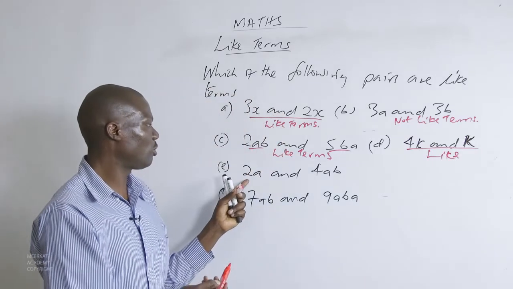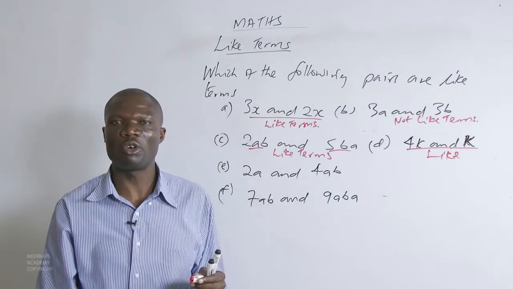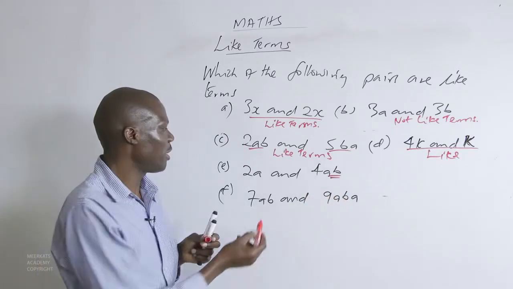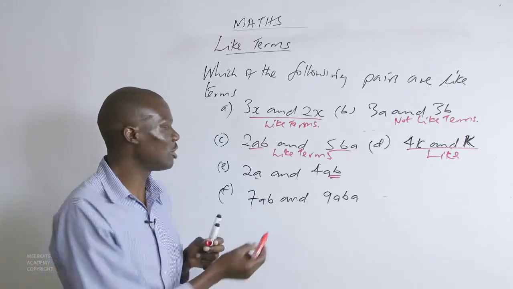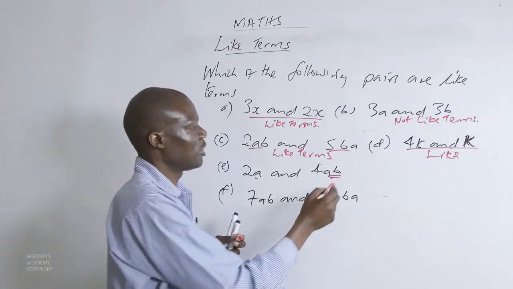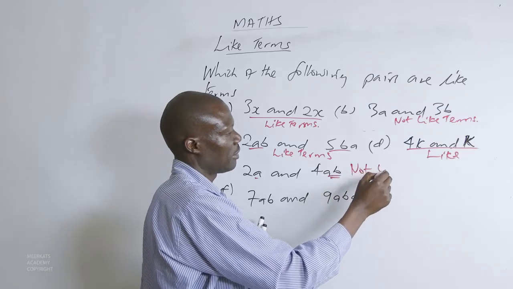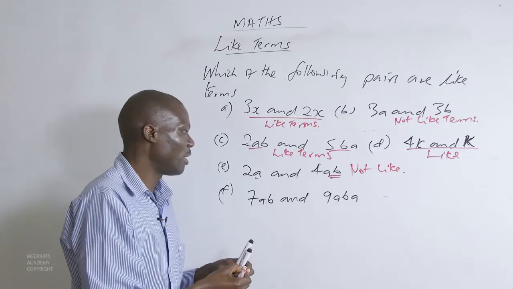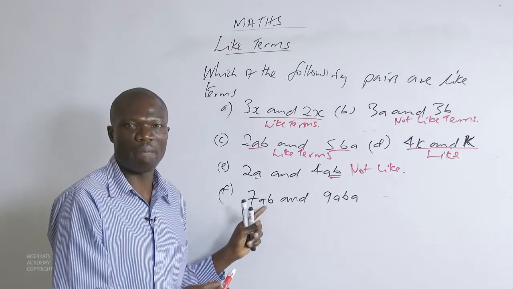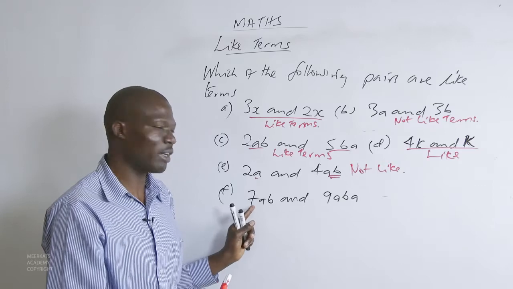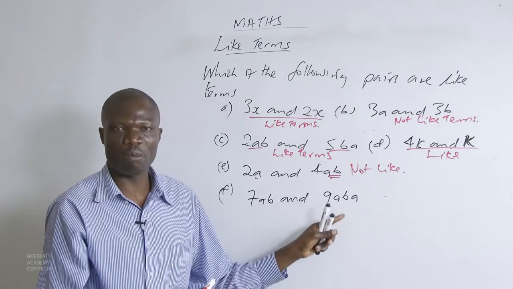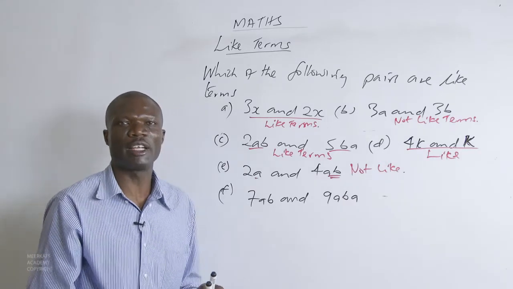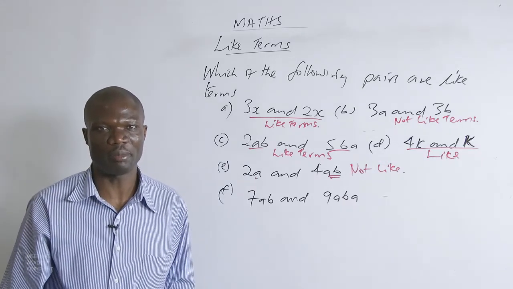And then 2a and 4ab. This one has two pronumerals, here we have one pronumeral. So the two terms here are not like, simply because this is ab and the other one is a. The last one is 7ab and 9aba. Now this one is tricky, but we need to look at it. How many times is a pronumeral appearing?